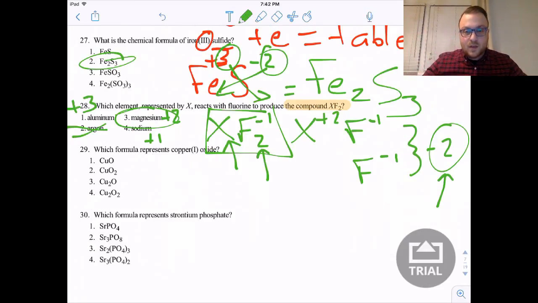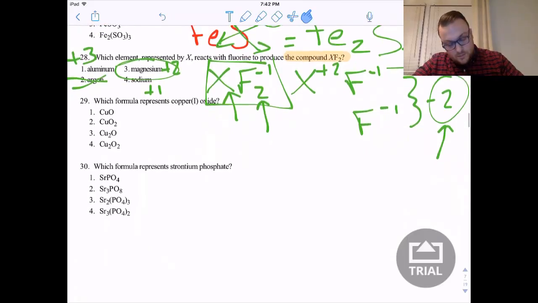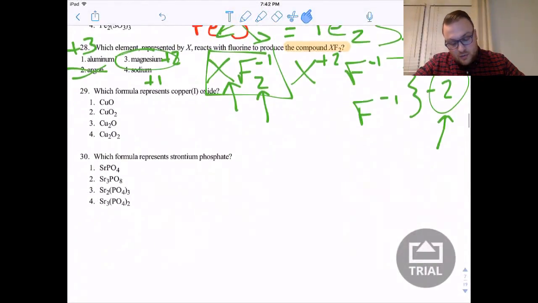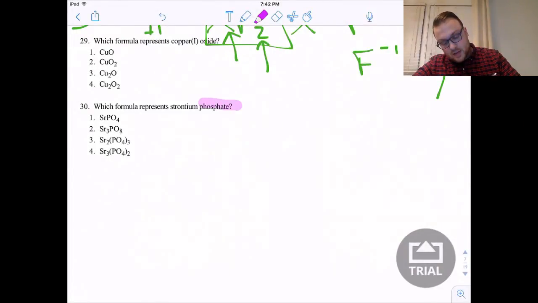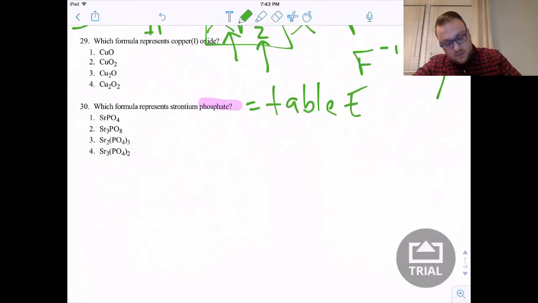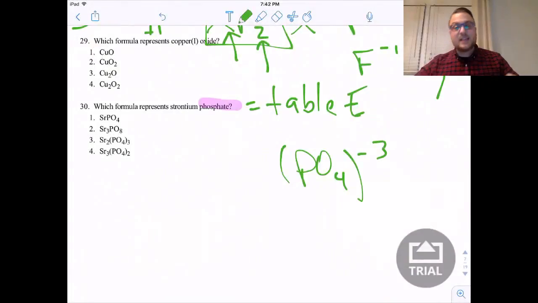So 29, I'm going to leave to you. Take your time. 30, all I'm going to say for 30 is that it ends in TE. I'm going to Table E, and when you go to Table E, put it in parentheses. I have phosphate, which is PO4, and that as a whole has a -3 charge, all by itself.